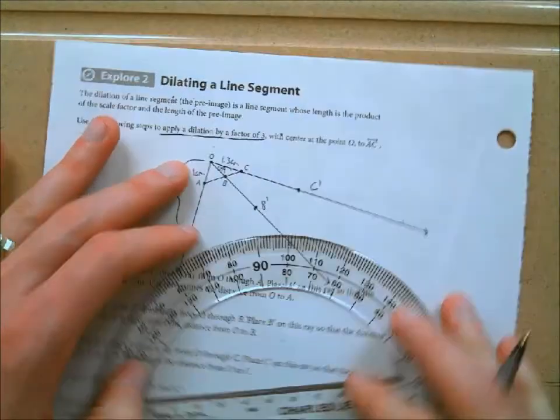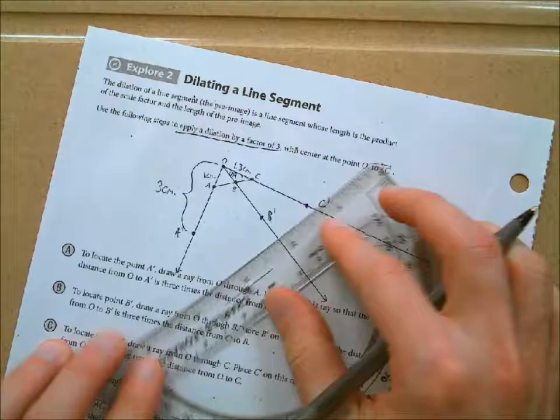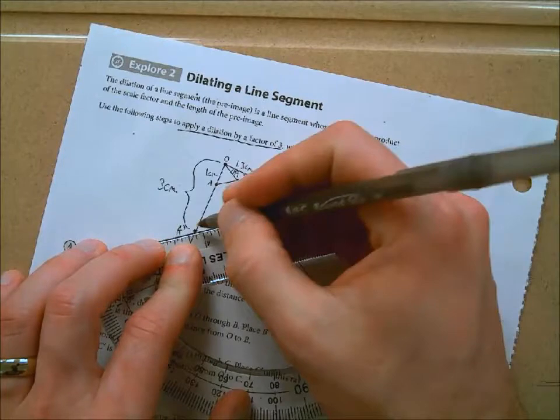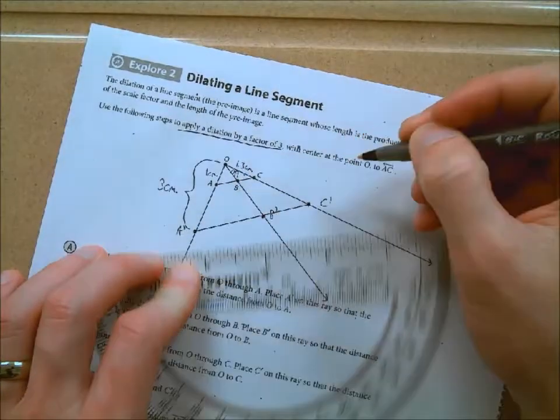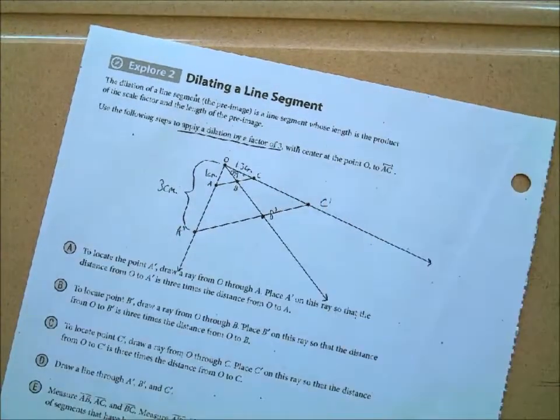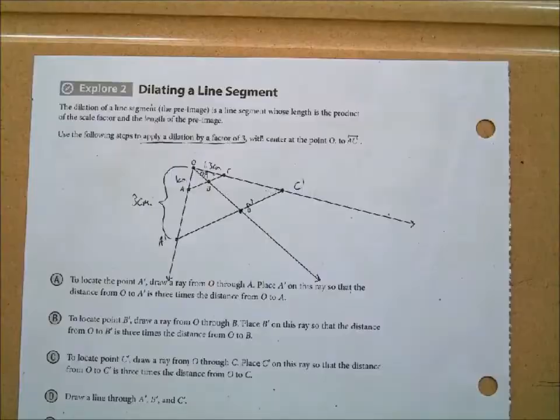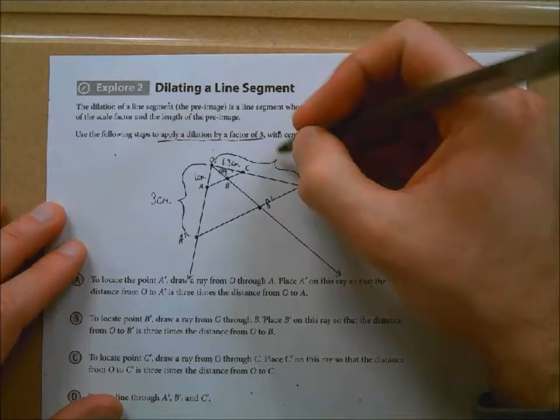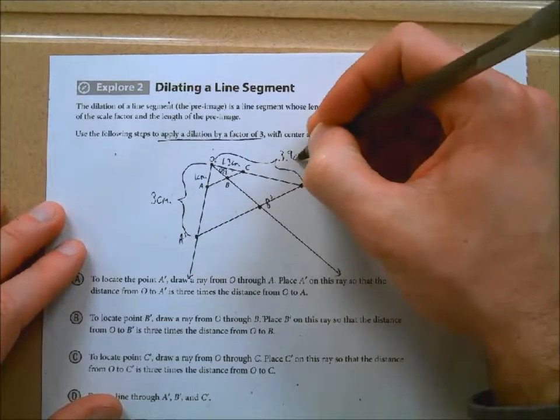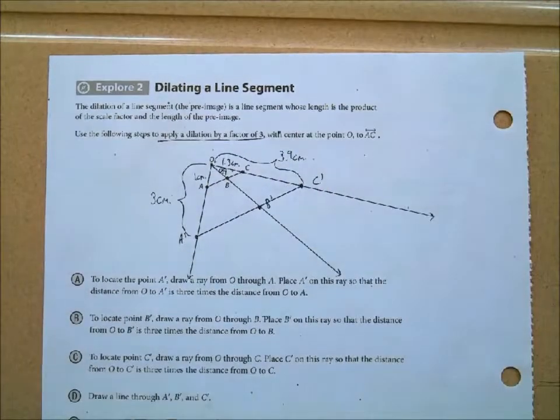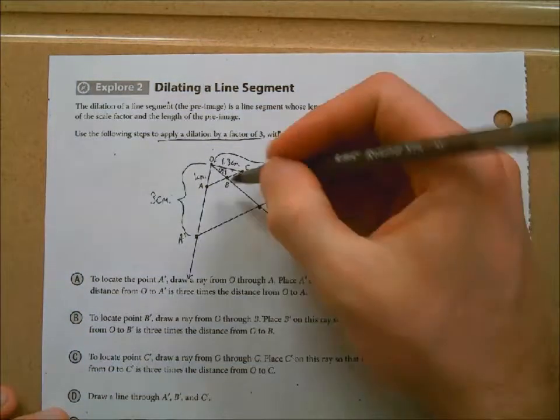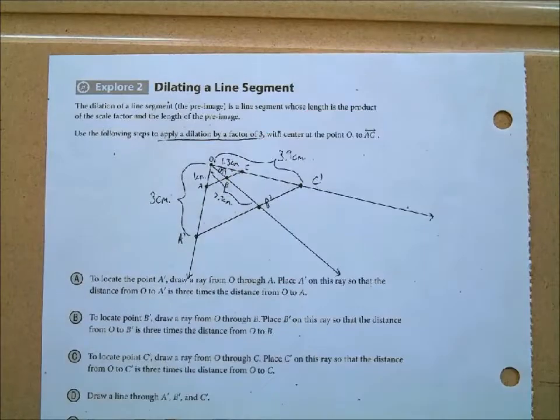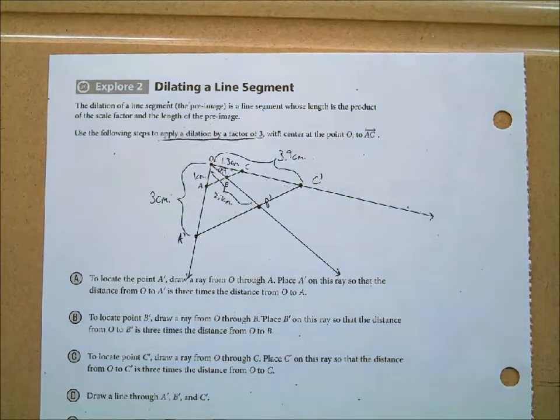And then if we connect A prime, B prime, and C prime, we should have our dilated line segment. Alrighty. So there's our dilated line segment.